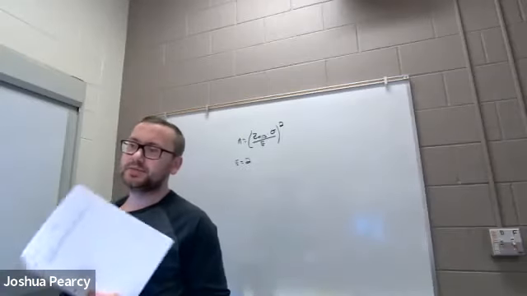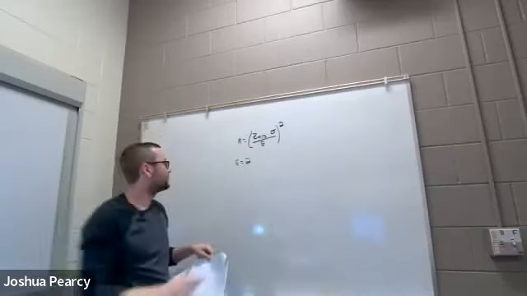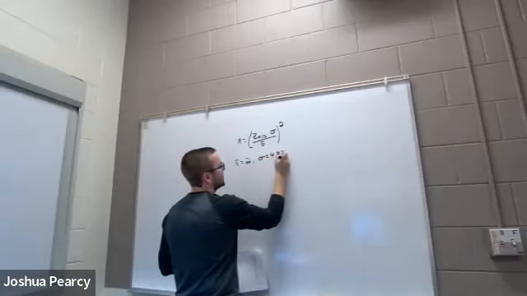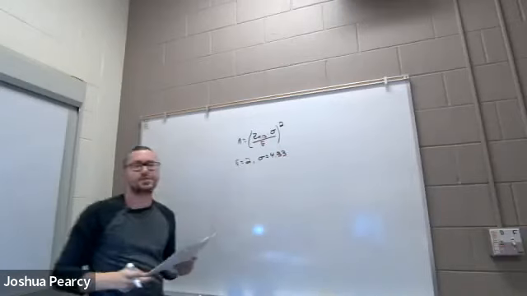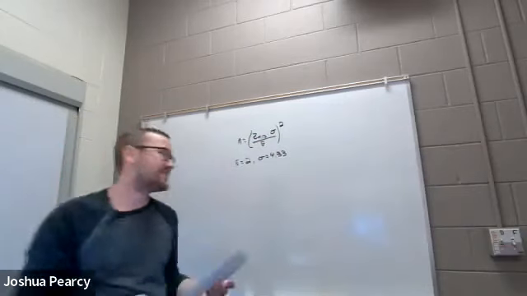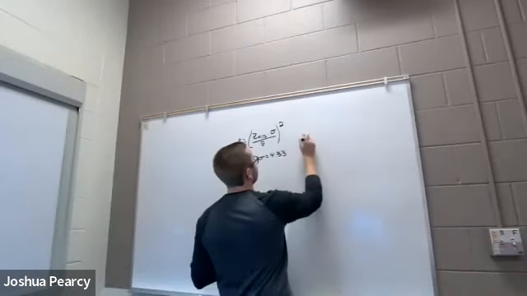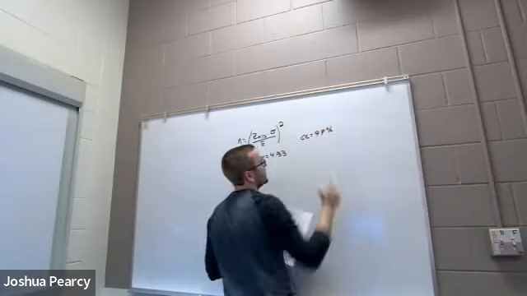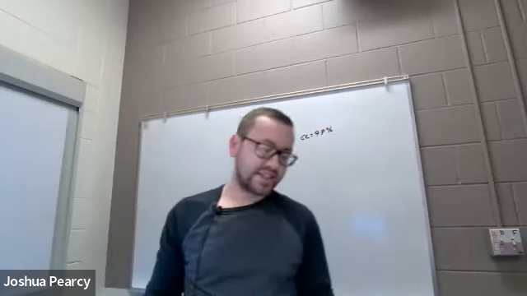What is sigma? It literally says sigma is 4.33. And the only thing you need to find is Z alpha over 2. We actually have found this one before because the confidence level is 99%. We found it last time. And what was that Z alpha over 2 value?